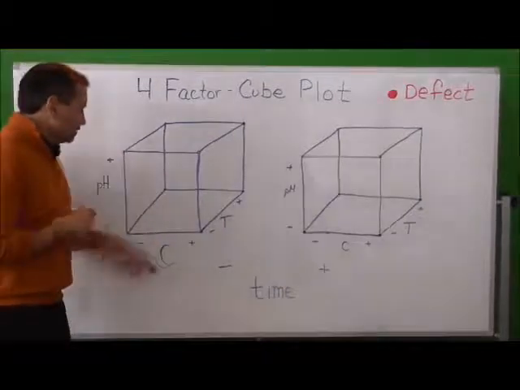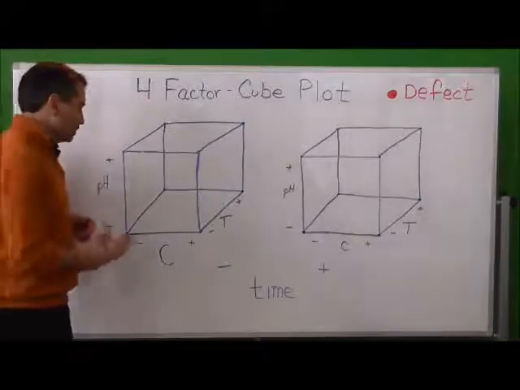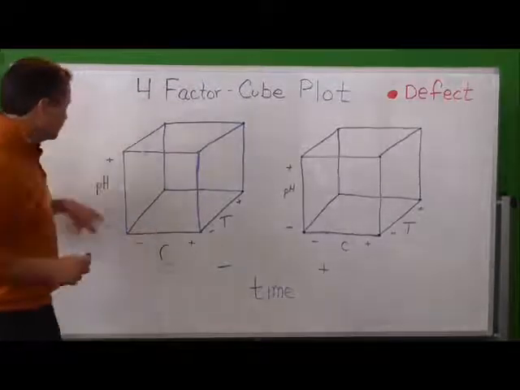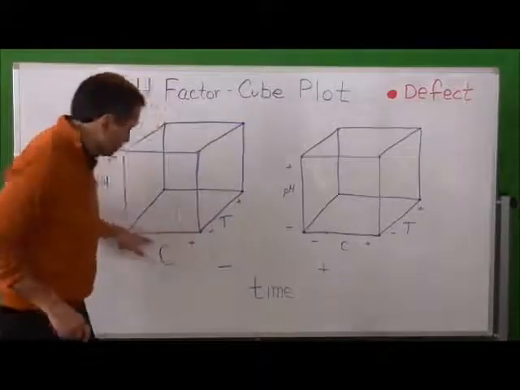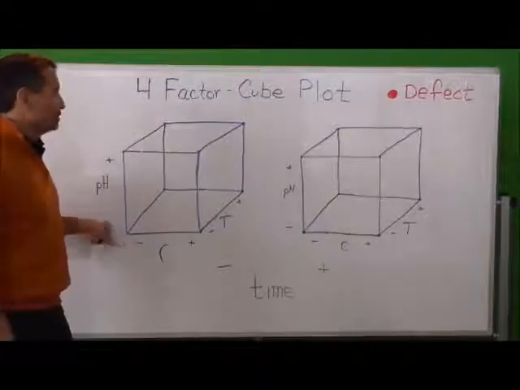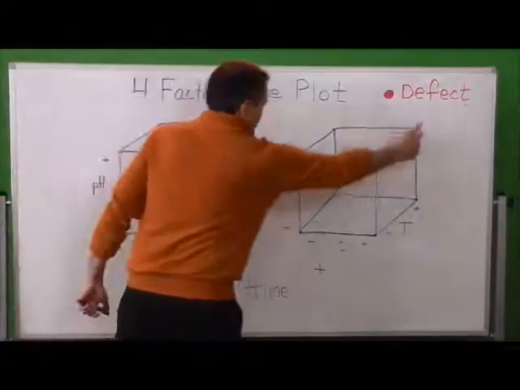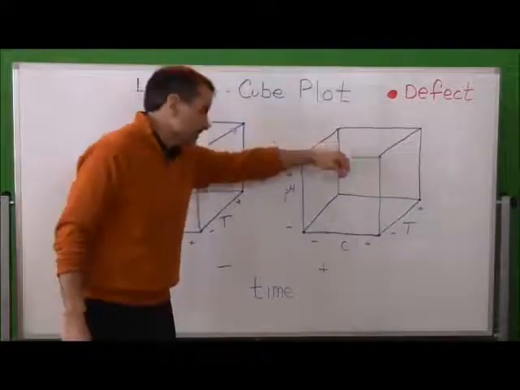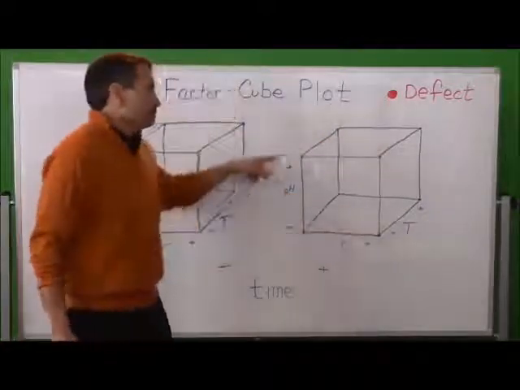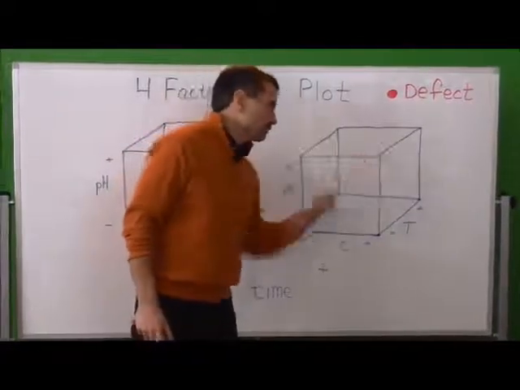As an example, for run number 1 of the design, the concentration was at a negative, the pH was at a negative, temperature was at a negative, and the time was at a negative, corresponding to that particular point. And the opposite side would be all positives, which would be the upper right-hand corner, which corresponds to the temperature positive, concentration positive, pH positive, and time positive over on the positive cube.